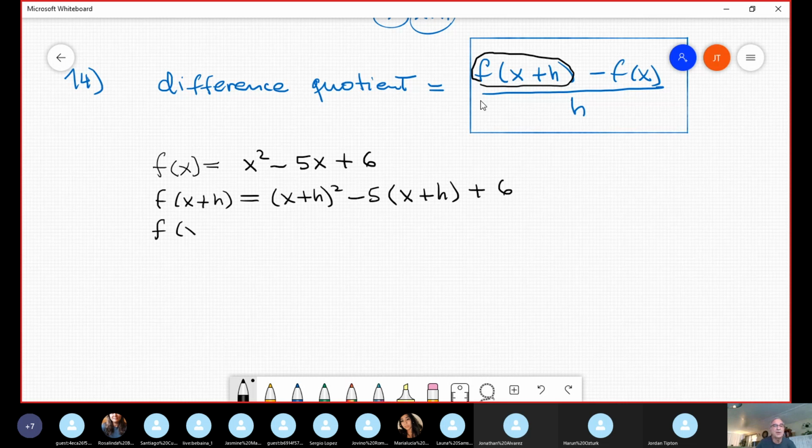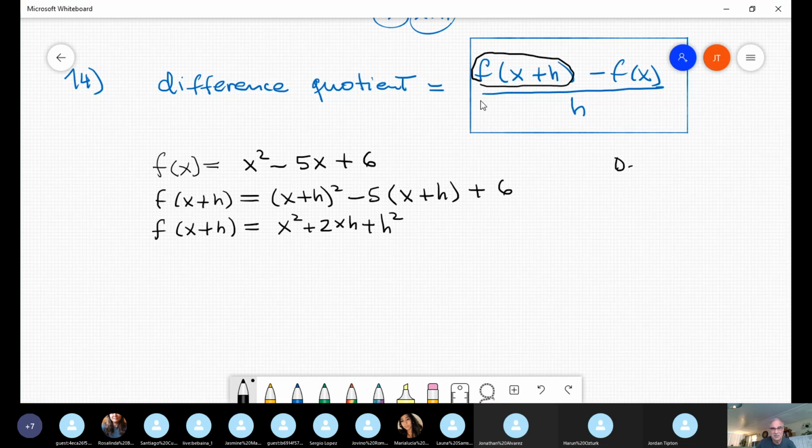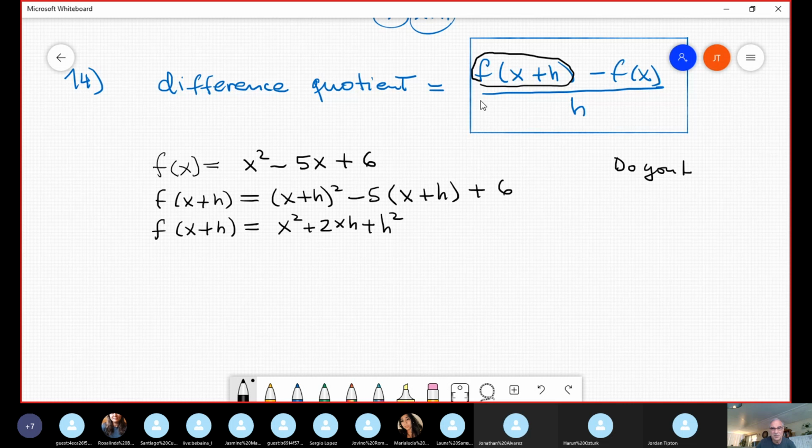Okay, now a little bit of algebra. Remember the idea I explained before: when you square a binomial, the expansion is the square of the first, plus twice xh, a times b, plus h squared. Do you like this way, or do you prefer working with the FOIL?